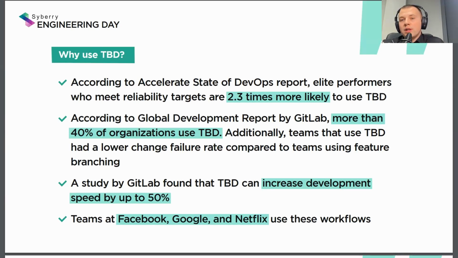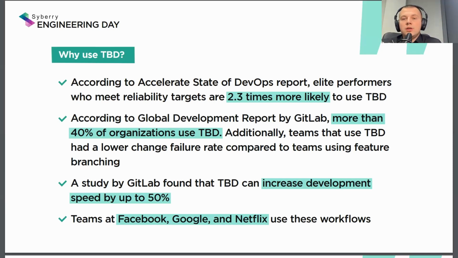According to the Global Development Report by GitLab, more than 40% of organizations use trunk-based development. Additionally, teams that use trunk-based development had a lower change failure rate compared to teams using feature branching. A study by GitLab found that trunk-based development can increase development speed by up to 50%.